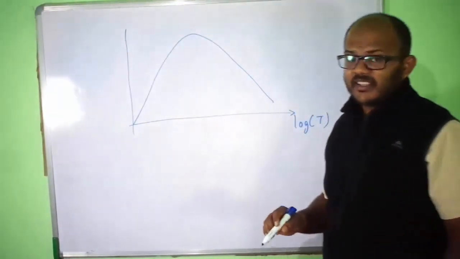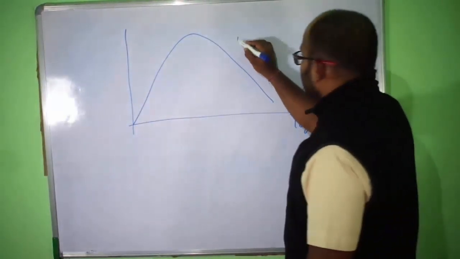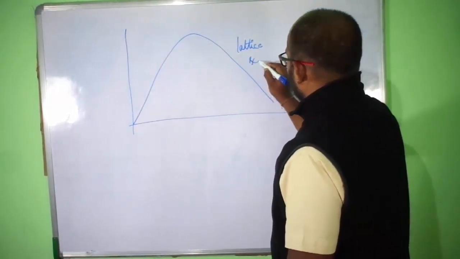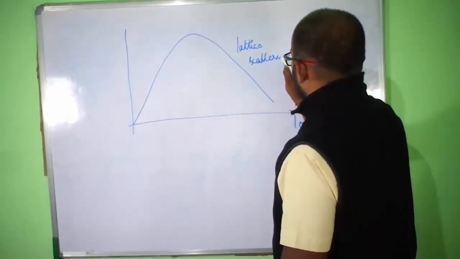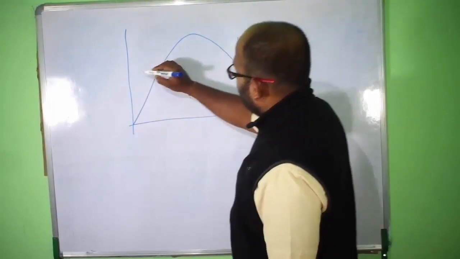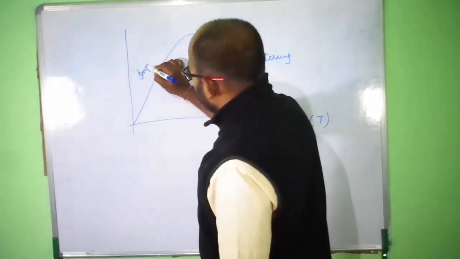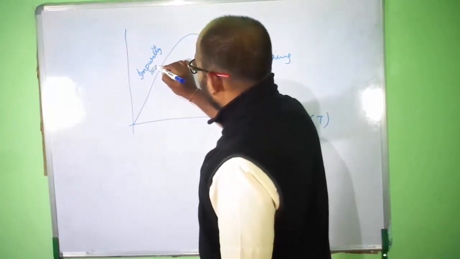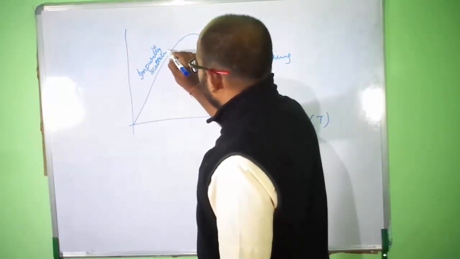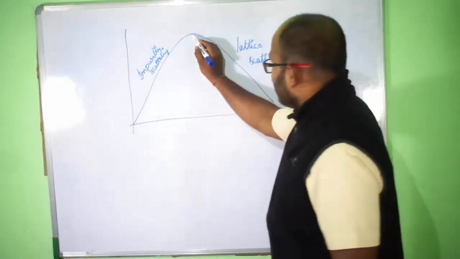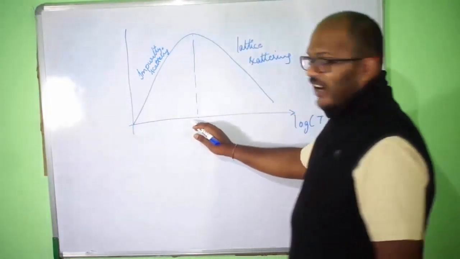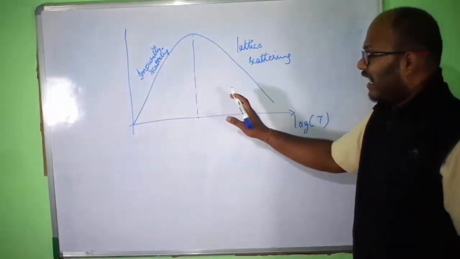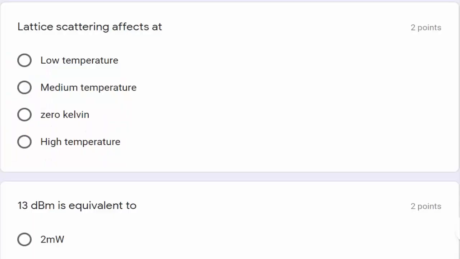You will get a scattering loss, that is lattice scattering over here. But this is impurity scattering. So I am plotting loss versus temperature. Now, if you consider this one as moderate temperature, lattice scattering will be affected at high temperature.